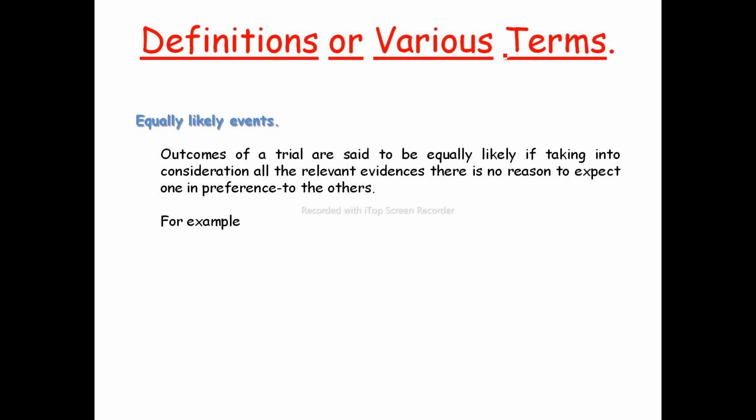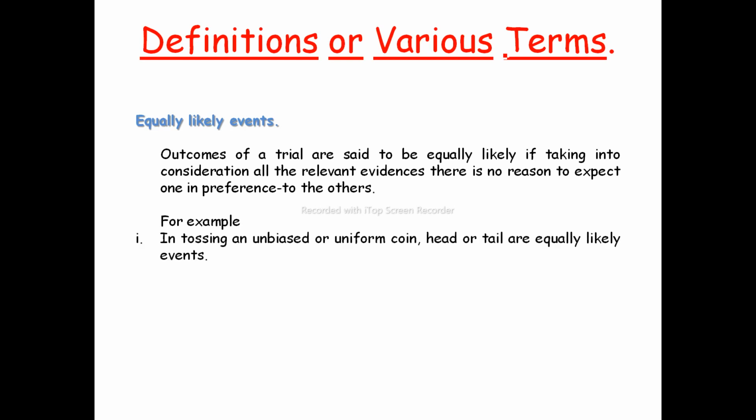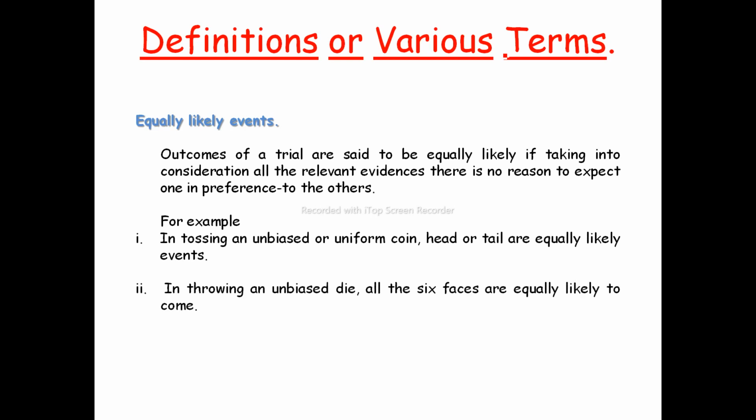Nothing like that. All have got equal and likely chances to win. Let us check out an example. In tossing an unbiased or uniform coin, head or tail are equally likely events. In throwing an unbiased die, all the 6 faces are equally likely to come. We cannot say that if you throw like Shakuni Mama, you will get 6, or if you throw like that, you will get 3. There is nothing like that. We cannot predict or guess anything.